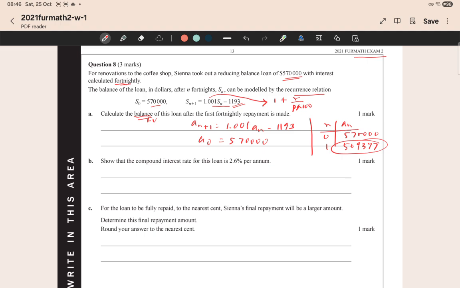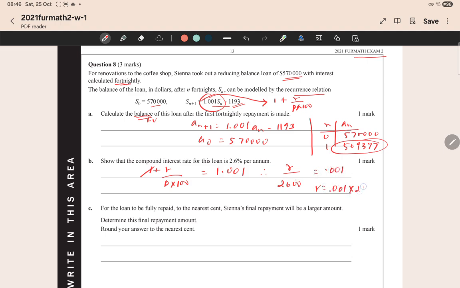Show that the compound interest rate for this question is 2.6% per annum. This question is pretty predictable because we have the sequence given, which is the recurrence relation. As I told you previously, the compound interest factor is equal to 1.001, and if you subtract 1 from this value, we get 0.001, and therefore r over 2600 is equal to 0.001.